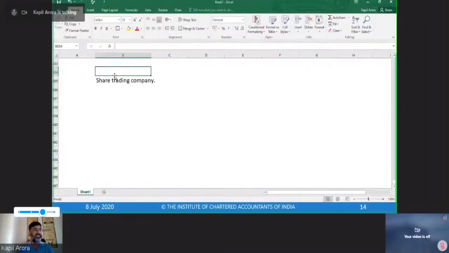What they do, they buy shares, they sell shares, sometimes on behalf of customers, sometimes for themselves also. They have money, they know that the share price of something is going to go up, so they invest in that. Banks, when they have extra fund, or LIC, when you pay the insurance premium, they do not keep the insurance premium with them.